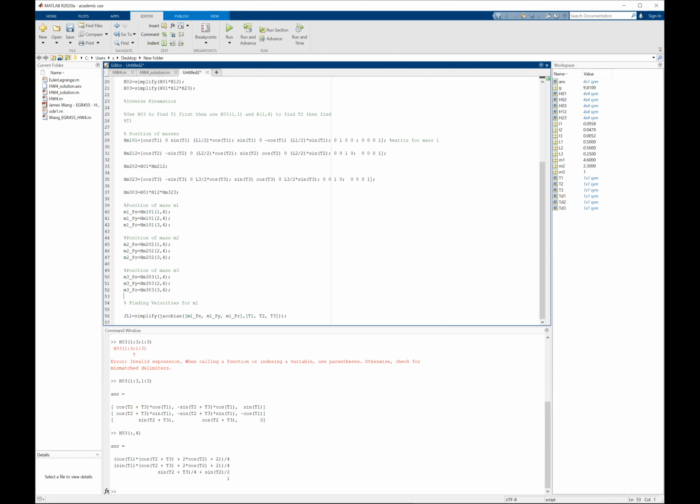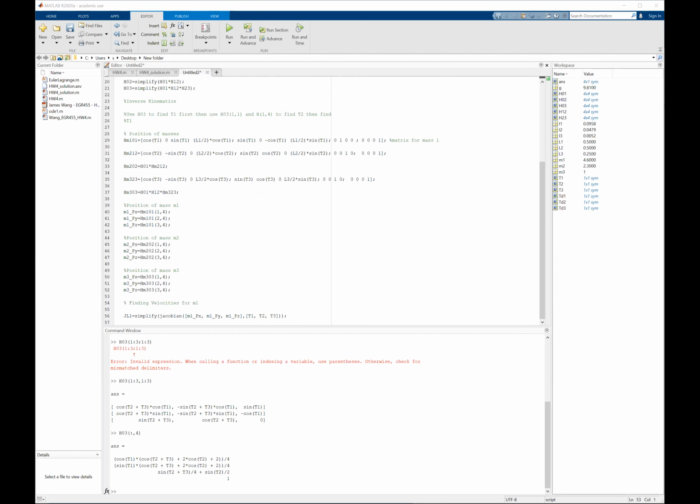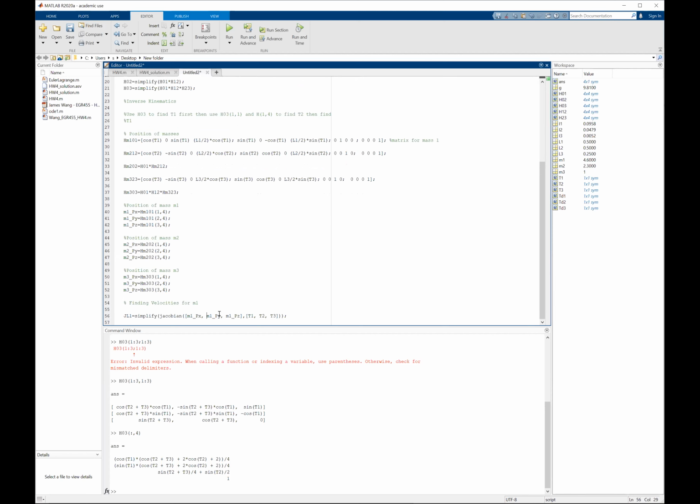So to find velocities, you take the Jacobian of m1_px, m1_py, m1_pz with respect to theta 1, theta 2, and theta 3. This gives you the Jacobian.